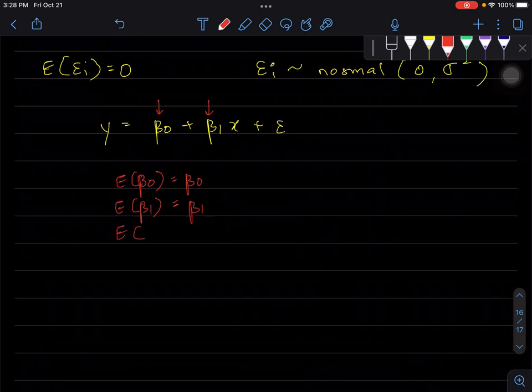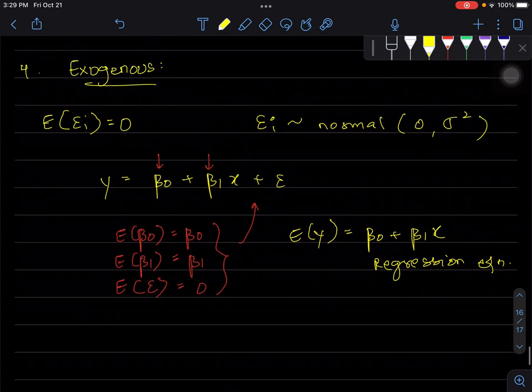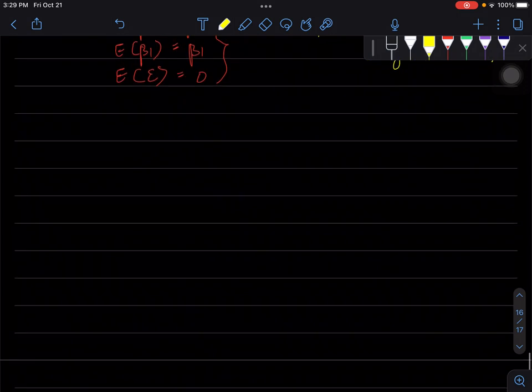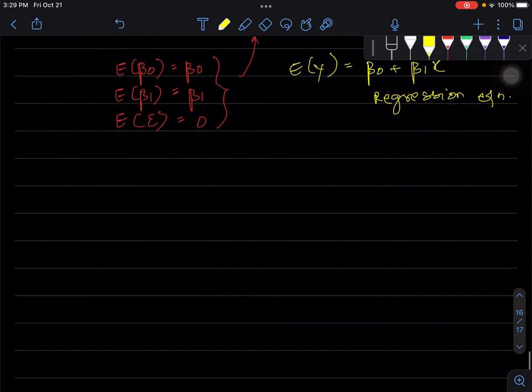And when the expected value of the error term is 0 and you put these values in this equation, what you get is that the expected value of y is beta naught plus beta 1 x, and this is the regression equation. That is just one implication of what would happen if the mean of the error term is 0. So that's exogenous. Epsilon is exogenous.